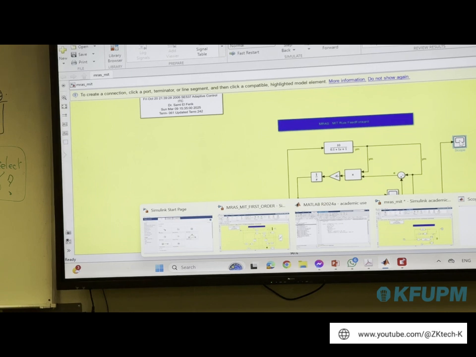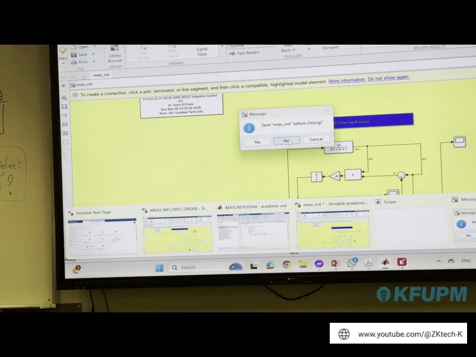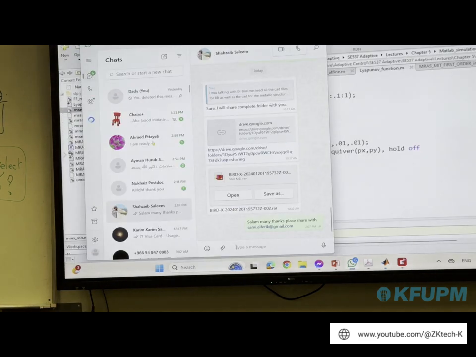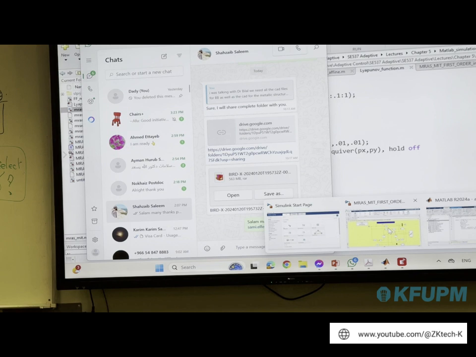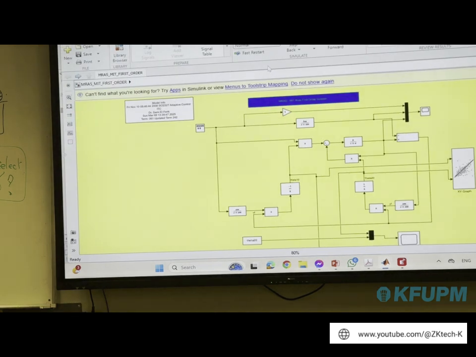Delete it and then replace it again. We take it out. Then I know why it's not working, because I have another similar one open. So we go open here.